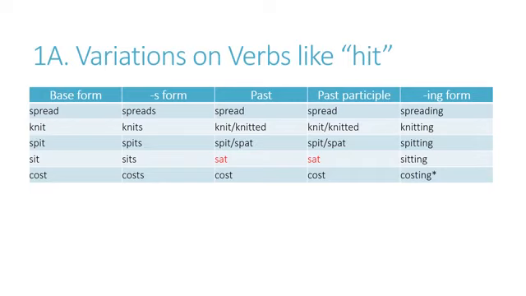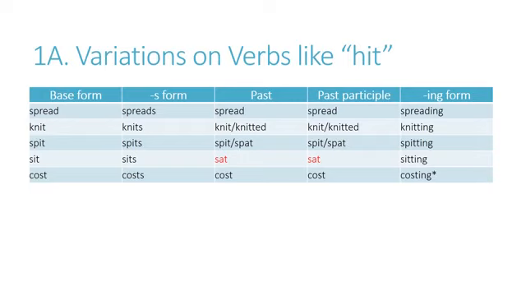Now the next one, sit, is not exactly the same as hit, but it follows a pattern that was used with the verb spit, in that it changes to an at sound. So it goes sit, sat, sat.